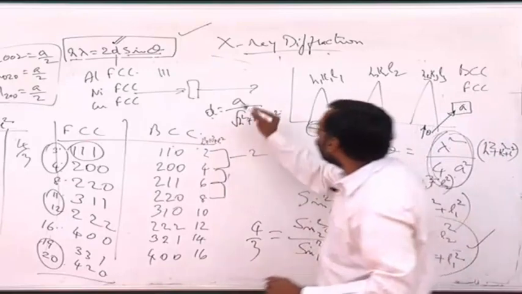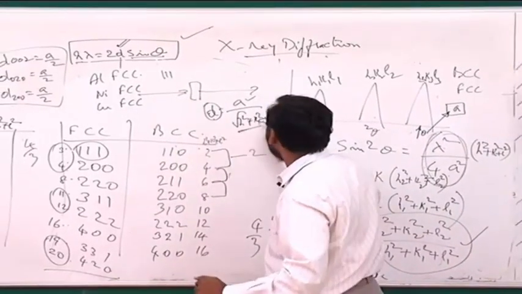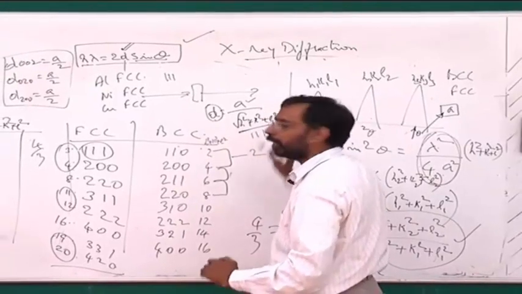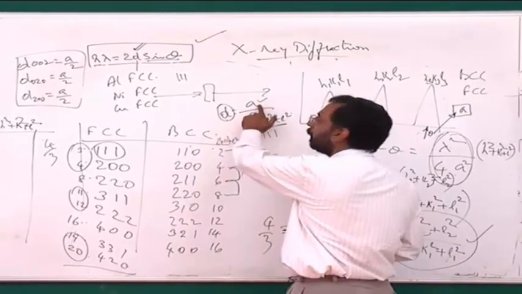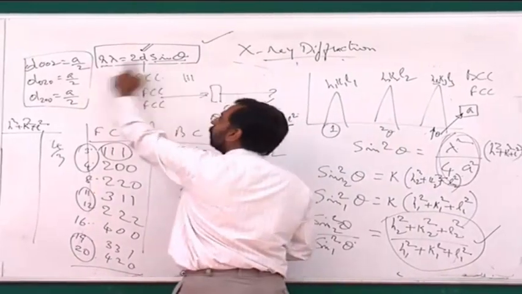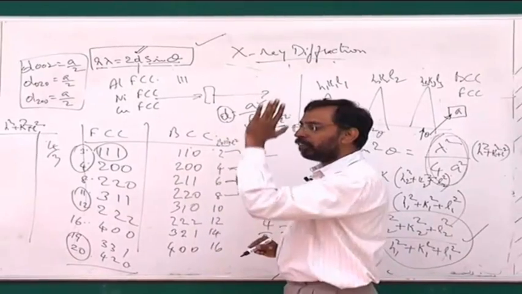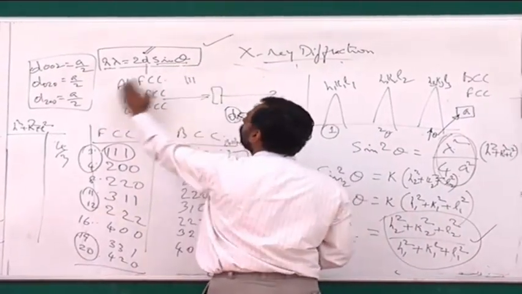The reason is because the a is different in all the cases, d is different for the same HKL. Though I am talking of the 111 peak, the d is different because a is different. If the d is different, the theta is different for the same lambda. So though I am using copper K alpha, which has a fixed lambda, the theta will be different because a is different.